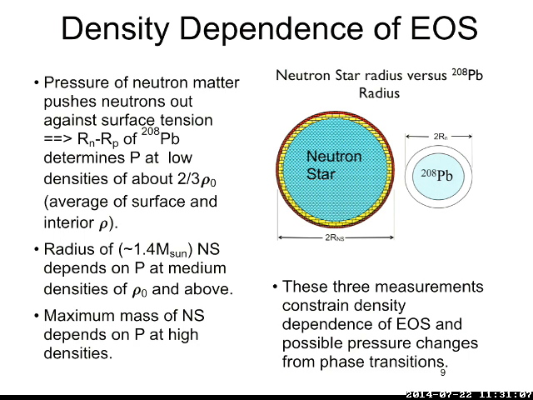The radius of a neutron star, Jim Lattimer and others have shown, is sensitive to the pressure at medium densities, say 2-ish times nuclear saturation density. And then the maximum mass of a neutron star is most sensitive to the pressure at high densities. So if you have those three different observables, you can probe the pressure at different densities.